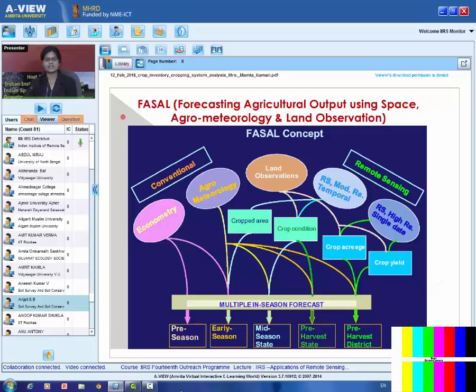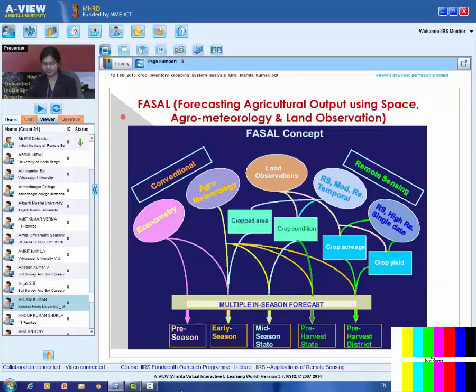And this has been started to give the multiple in-season forecast. So we can see here that pre-season, early season, mid-season, pre-harvest as well as state level as well as district level harvests are given by the Fasal concept. This is developed by the ISRO, and in year 2012 Fasal concept has been transferred to Ministry of Agriculture.